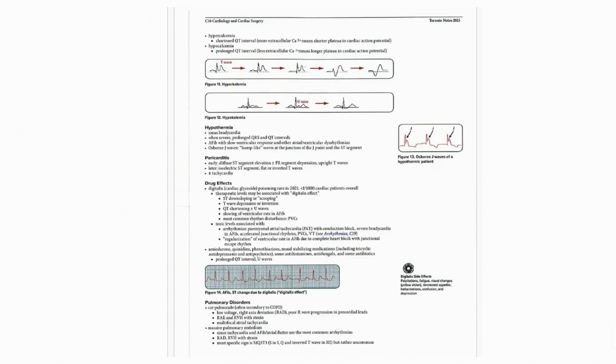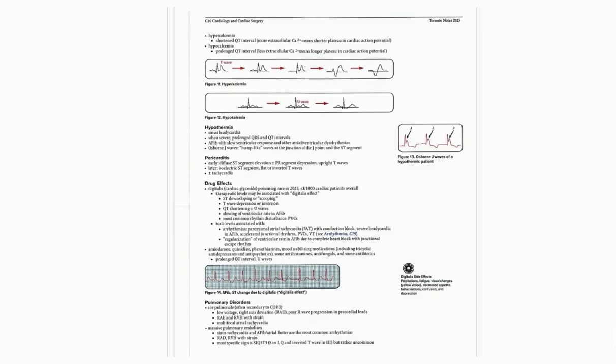Hypothermia. As body temperature falls, several ECG abnormalities develop. Sinus bradycardia is the most common finding. In more severe hypothermia, both the QRS complex and QT interval become prolonged. Patients may develop atrial fibrillation, ventricular arrhythmias, or other conduction abnormalities.